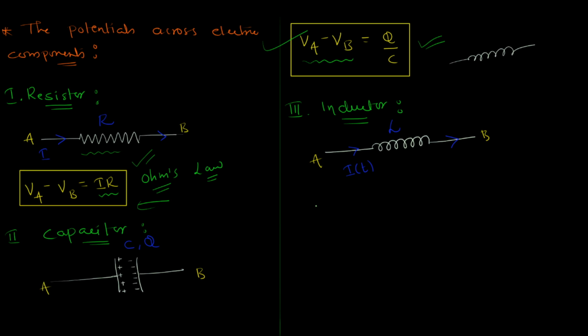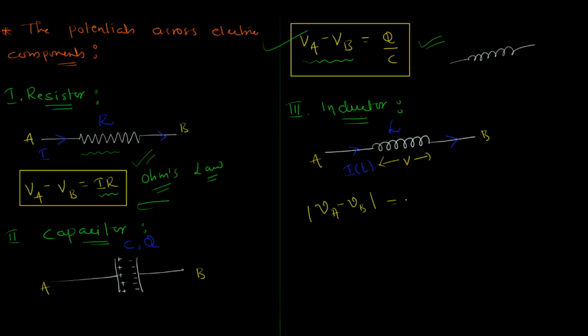If you want to write an expression for VA minus VB, in fact this is not going to be correct. I'll just take the magnitude of this. There is such a thing called back EMF, which will be in the opposite direction compared to what you would expect. I'll talk about that more later. But let's say you're taking the magnitude. Basically you're trying to find the potential difference across this, right?